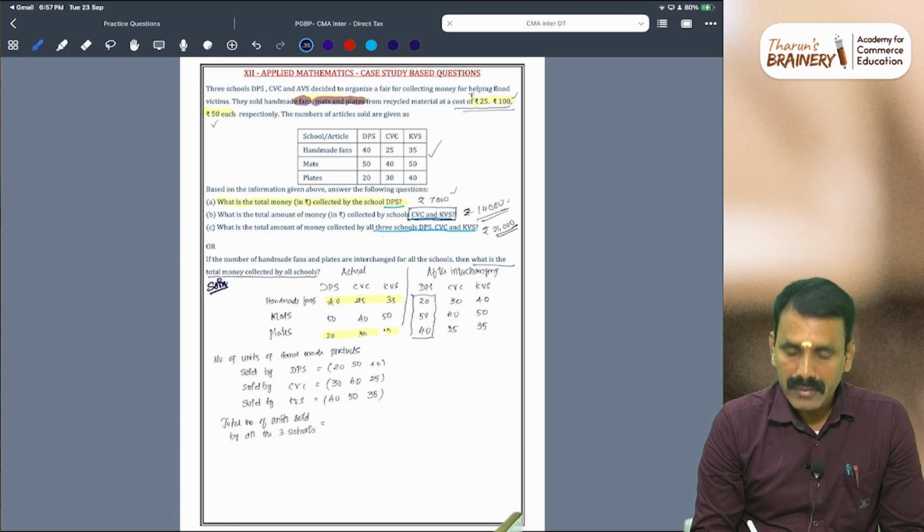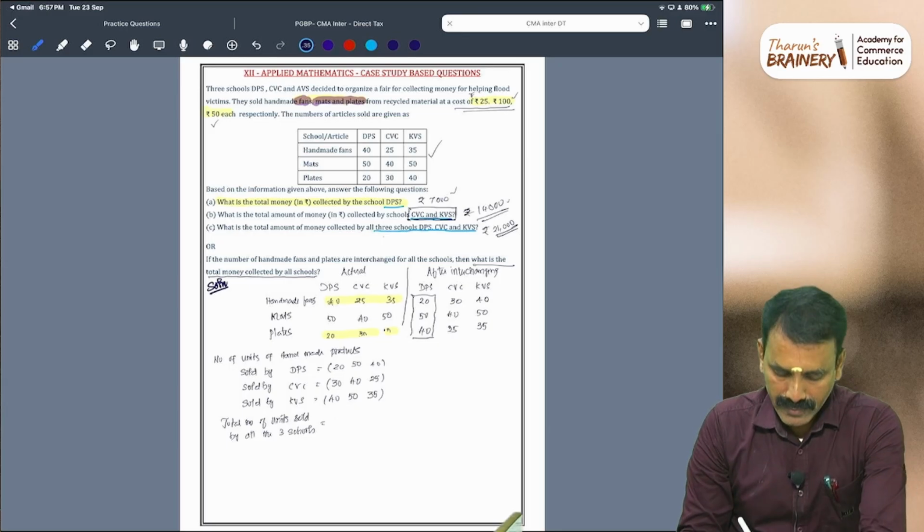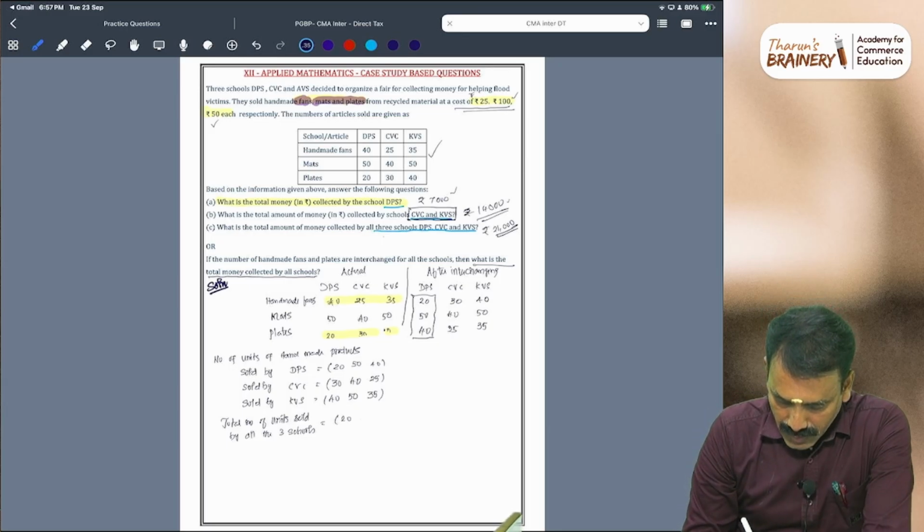How to find out? Yes, we have to add. We add 20, 50, 40, then 30, 40, 25, then 40, 50, 35.